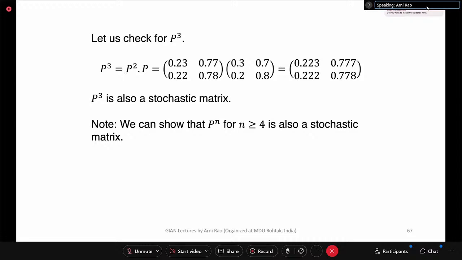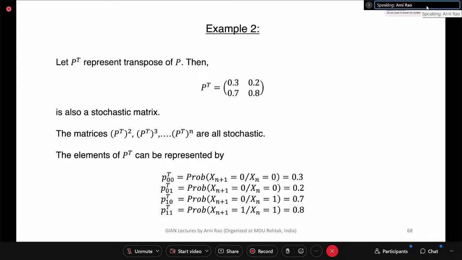If both the row sums and column sums are equal to 1, we say it is doubly stochastic. But for a simple regular stochastic matrix, if the row sums are equal to 1, that's enough, or the column sums are equal to 1, either one is enough, because if you take the transpose of the matrix, the column sums will be equal to 1. So I have a query here.